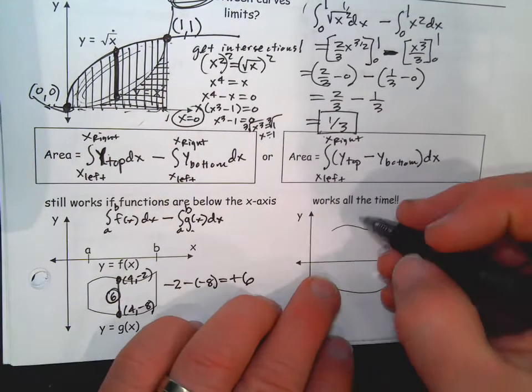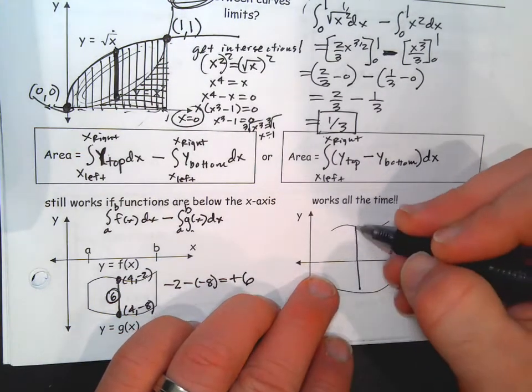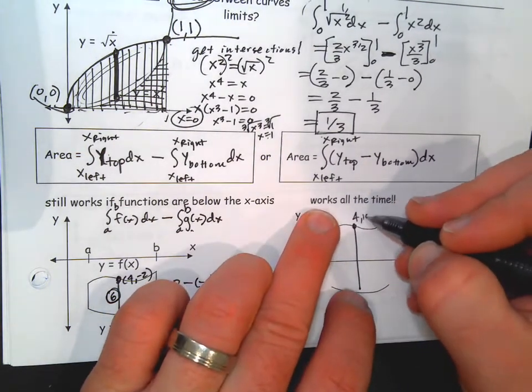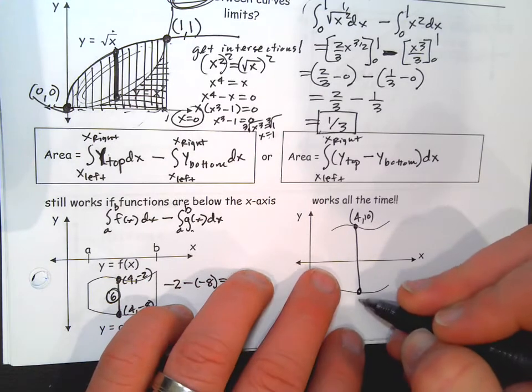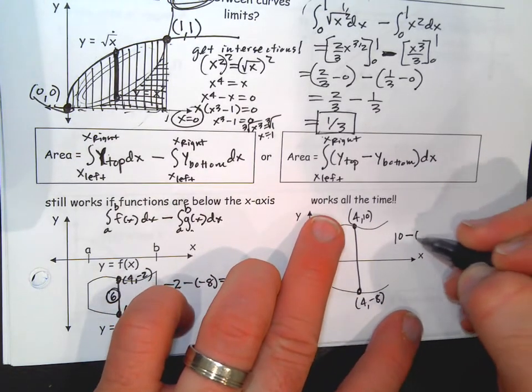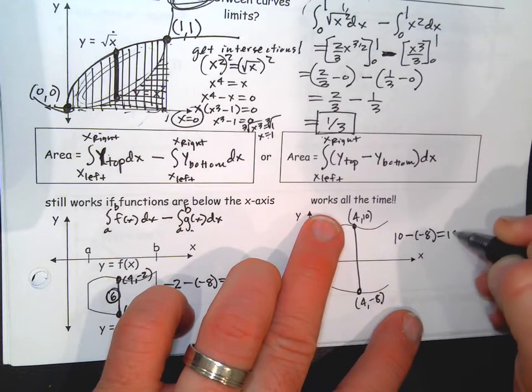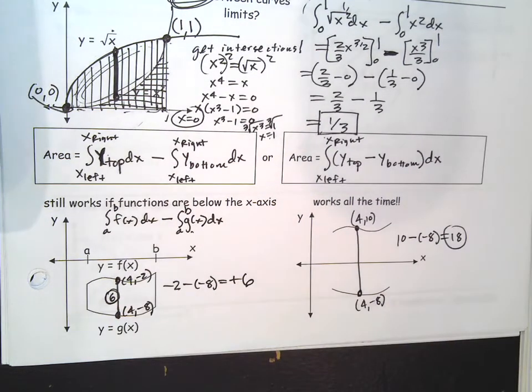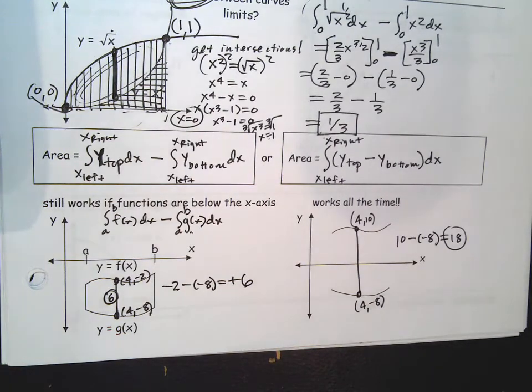Even if one's positive and one's negative, it's still going to work. I could illustrate it just with a pair of points. If you do top minus bottom, you're always going to get a positive measurement, and your integral will come out positive. So this is our general technique: top minus bottom, y top minus y bottom.